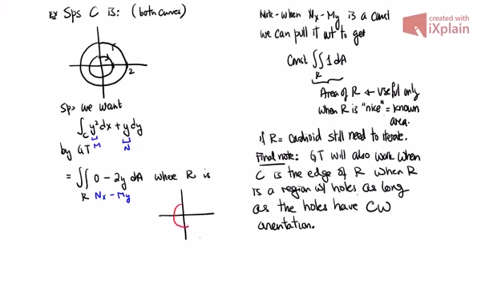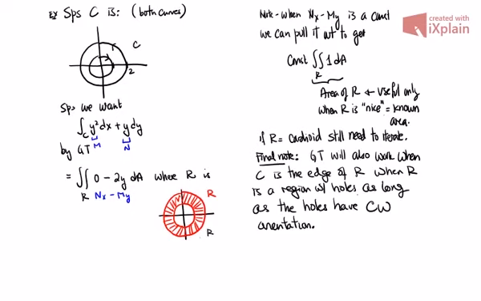So R is this washer shape. And so if you notice, the edge of R is in two pieces, right? It's the outer piece and the inner piece. And both of those edges together make C, right? So this is C up here.